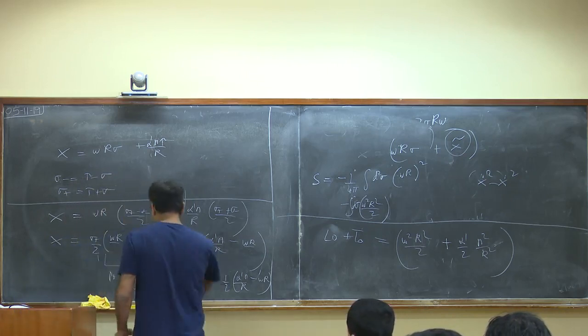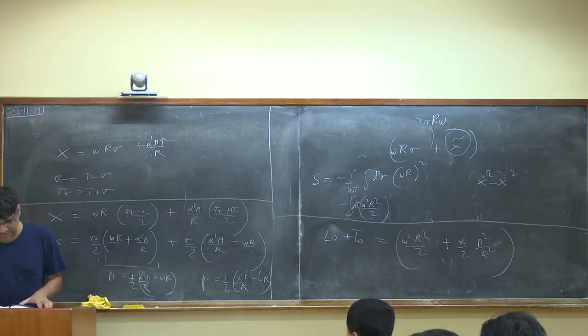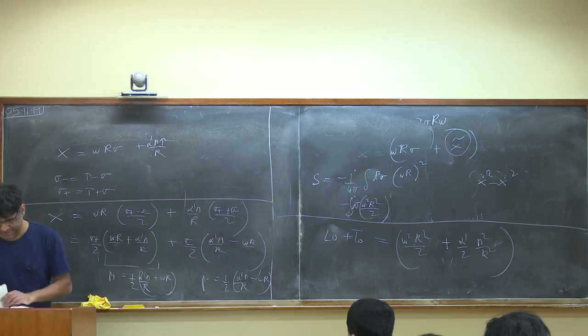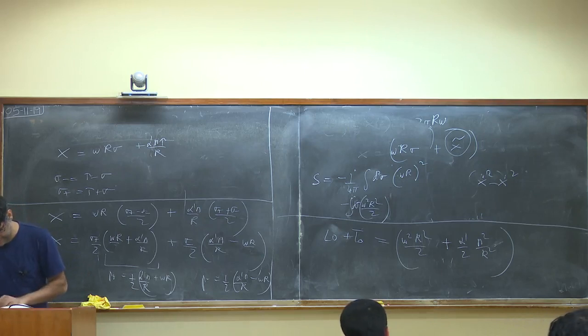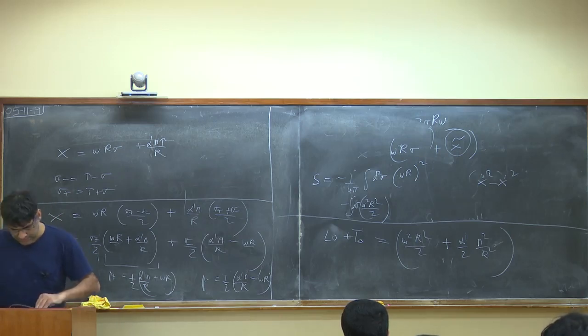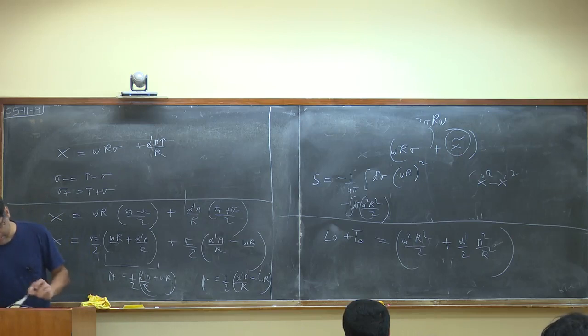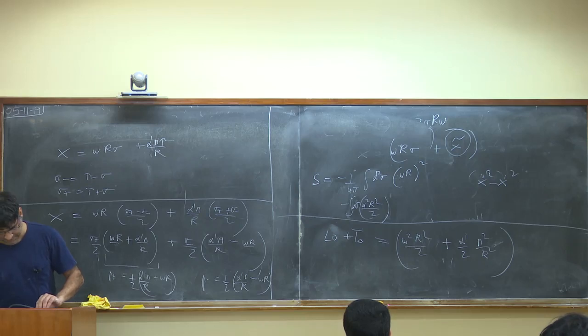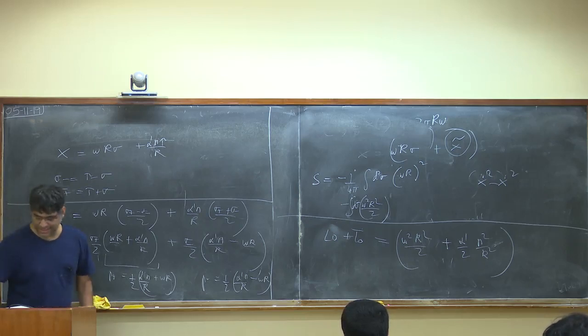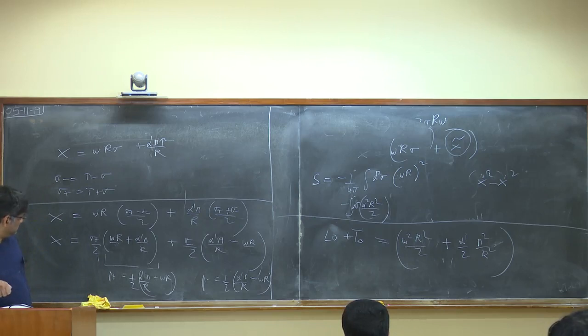Let me see if Polchinski defines them with the half or not. We should stick to his conventions. n by R plus w by alpha prime.